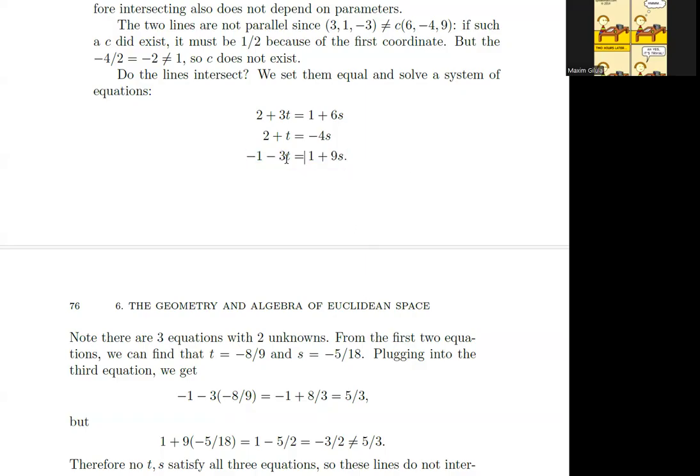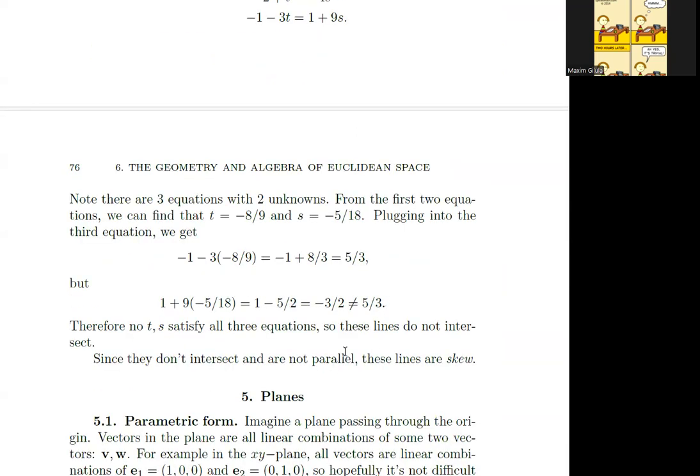It's not. So the left side will not equal the right side, and so there's no solution to these two lines being equal. If there was a solution, then they would intersect precisely when t is minus 8/9 and s is minus 5/18. But it's not. So they don't intersect, they're not parallel. These are skew lines.